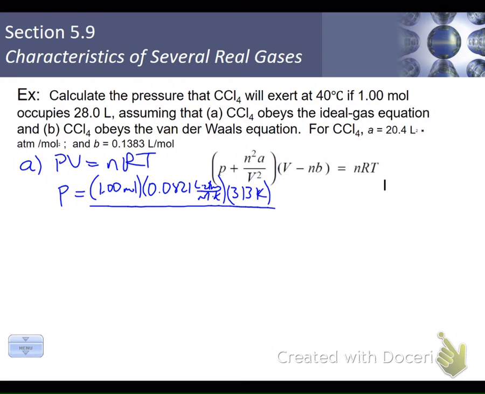And we're going to divide by 28 liters. If we do that, the pressure comes out to be 0.918 atmospheres. So that is the expected pressure for this gas at 40 degrees Celsius.